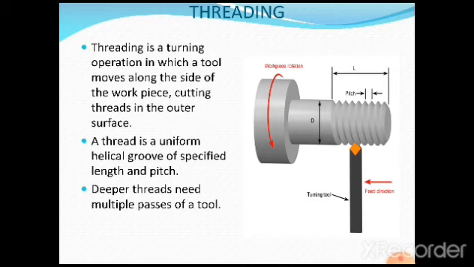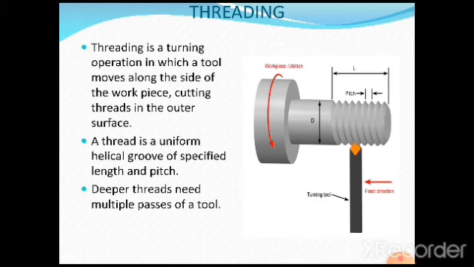That is why the thread cutting operation is carried out by engaging the carriage with the tumbler gears, which are provided at the back side of the headstock. We will discuss that in detail, but now we need to understand the meaning of thread cutting or threading operation. Threading is a turning operation. Actually threading also comes under a turning operation.